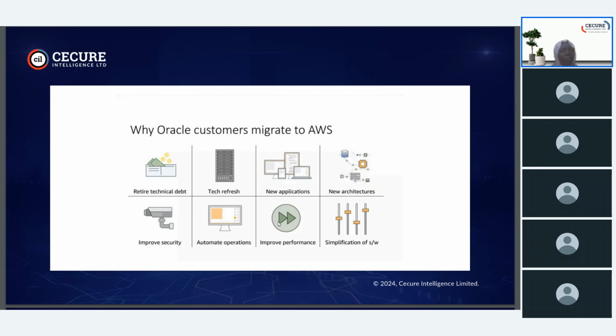Another reason why companies move from on-premises Oracle to AWS is because every 3 years or 5 years or so, companies will need to keep buying new updated hardware.